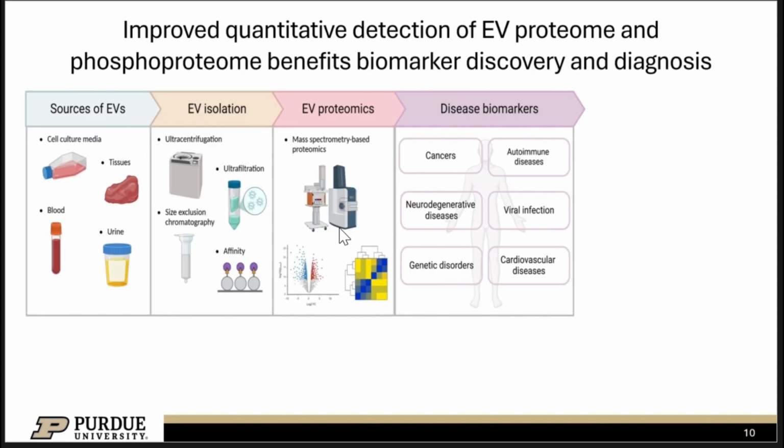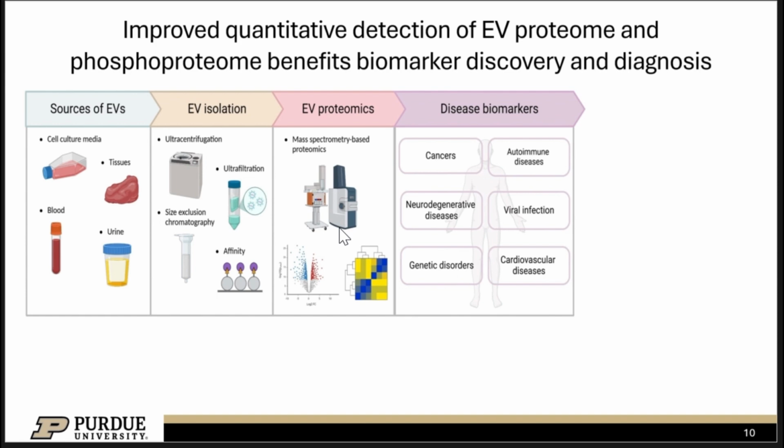So here is the general workflow for EV proteomics detection. The EVs can be isolated from several sources, including cell culture media, tissues, and biofluids like blood and urine. Later we need to do a step called EV isolation.